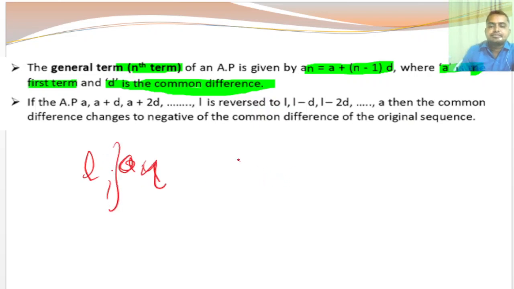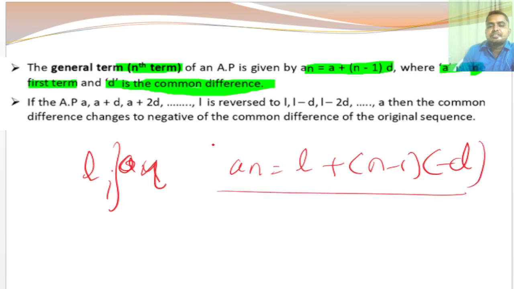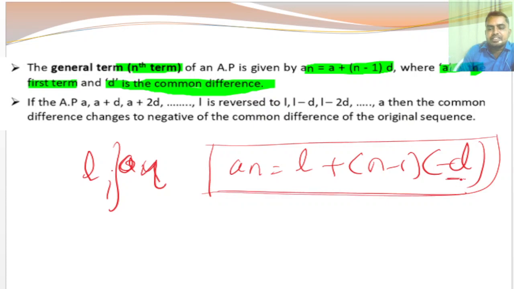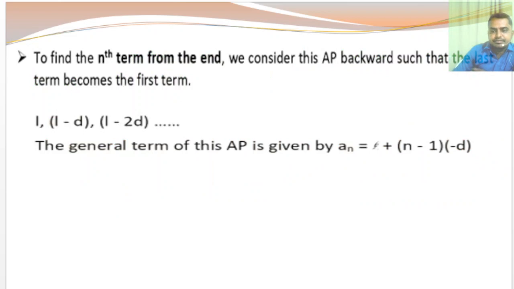At that time, an is equal to L plus n minus 1 into what? Minus d from the last. In the reverse manner, the common difference is minus d. To calculate the nth term of the AP from the last, an is equal to L plus n minus 1 into minus d.